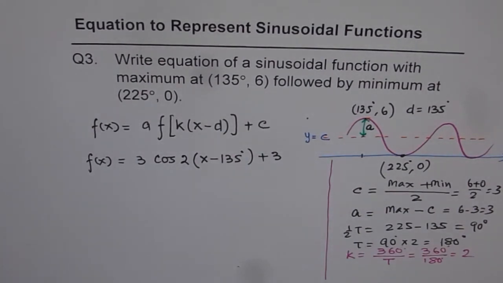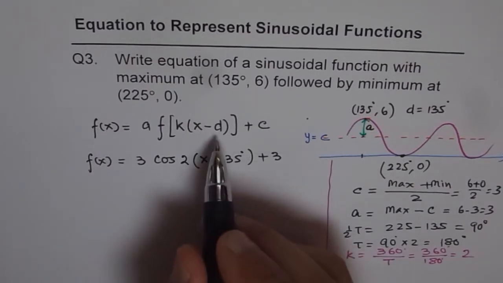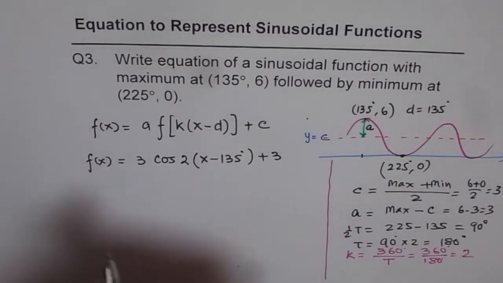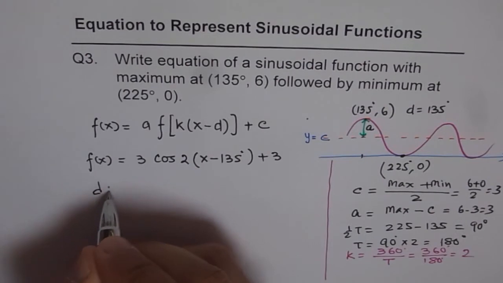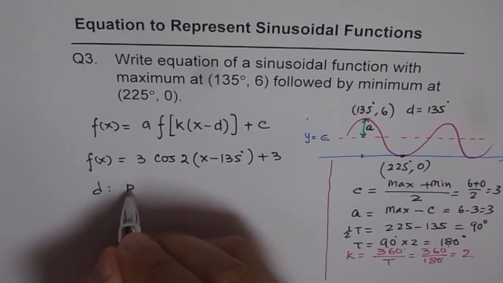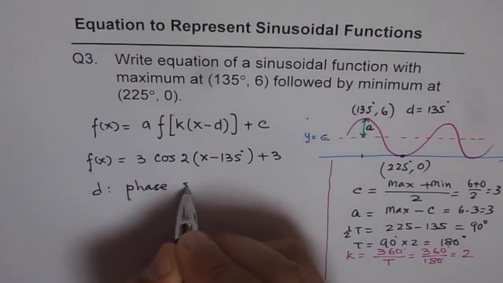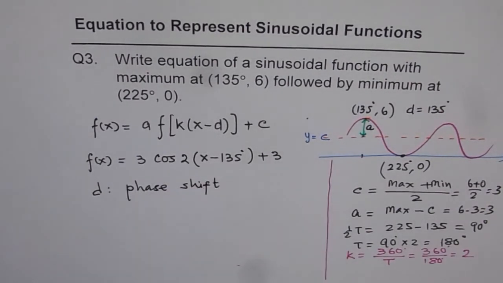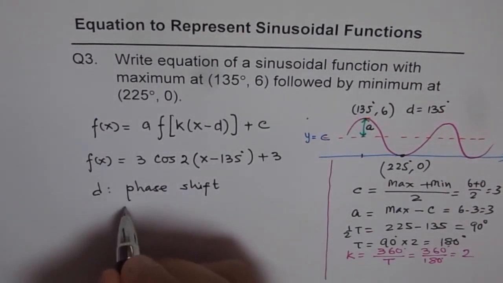So that is how we can get our function. I hope you appreciate and understand what we've done. It's critical to see why we wrote d as 135. When we start with a cosine function, d is the phase shift.